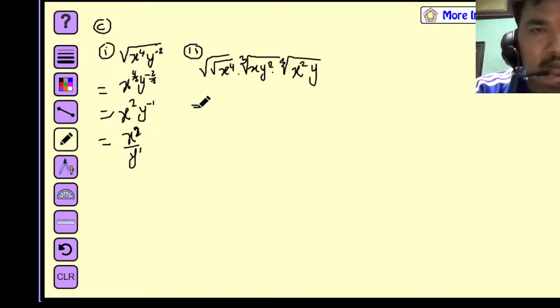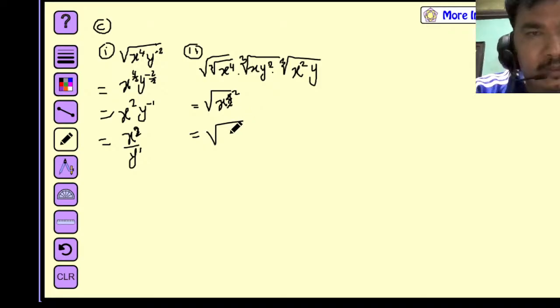Look, children, first cancel this one, what will be here is 2, no? It will be like this, square root of x to the power 4 by 2, right? When you cancel 4 by 2, it will be square root of x squared only.